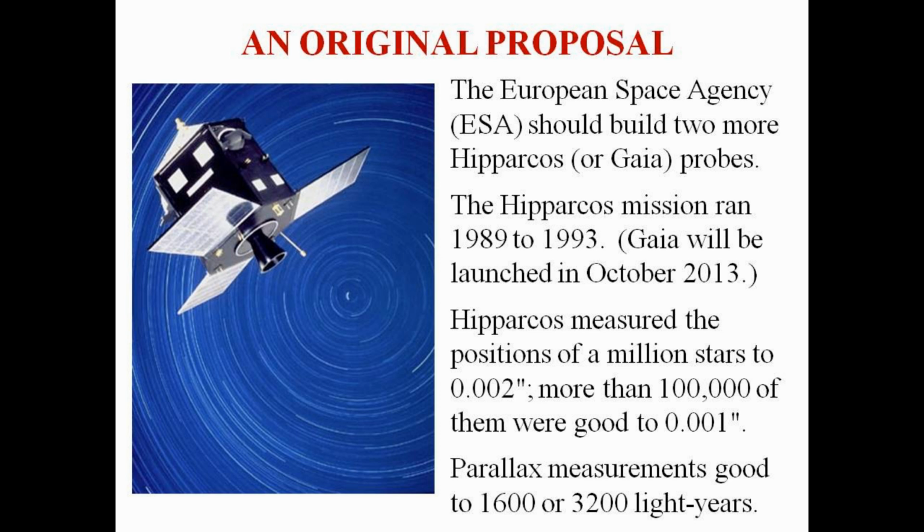Hipparcos measured 1 million stars to within 2 milliarc seconds, and 100,000 of them were supposedly good to 1 milliarc second. That would give you a parallax distance limit of 1,600 light years, or for these, 3,200 light years. So that on the cosmic distance ladder graph are the ones where it extended the farthest with that little annex onto the parallax measurement.